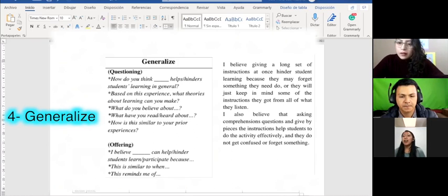So I had to tell them again. Or they will just keep in mind some of the instructions and they will not completely do the activity or the task I asked. And I also believe that asking comprehension questions and giving instructions in pieces will help them so they don't get confused or forget something that is important in the activity.